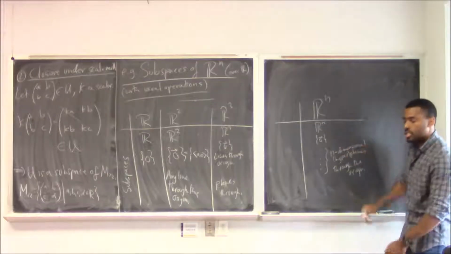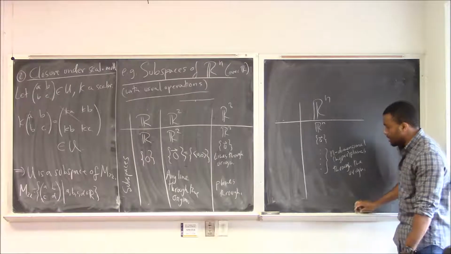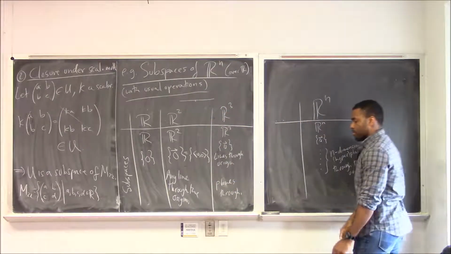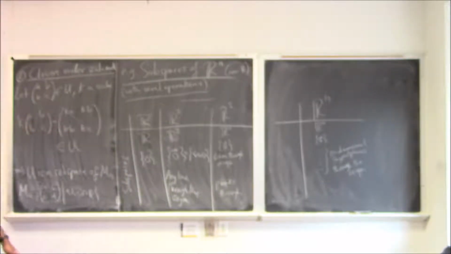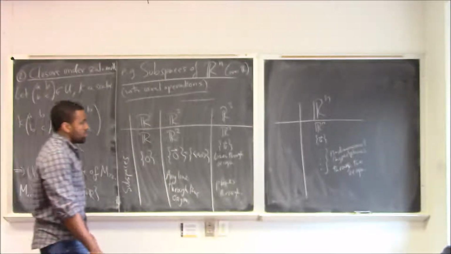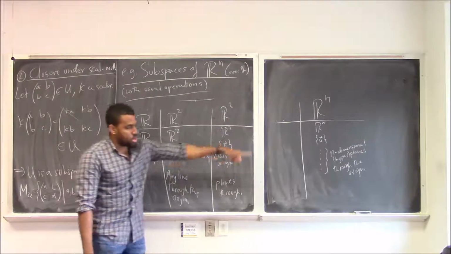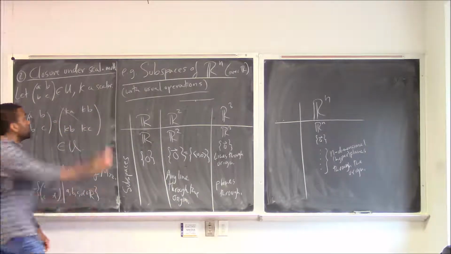So you can actually separate them by dimensions. These are all the classes of subspace that are possible, with the usual operations, that is. And that's all there could ever be. No matter what kind of description you put on things, your subspace will have to fall into one of these categories. You don't have infinite variety.